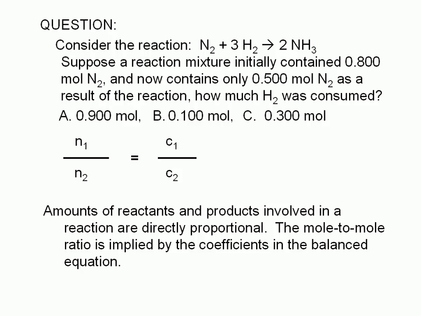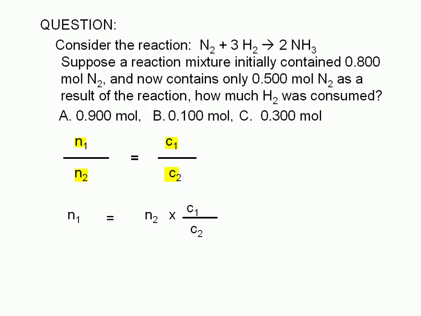If substances 1 and 2 are involved in a reaction, then the ratio of the change in moles of substance 1 to the change in moles of substance 2 is equal to the ratio of the coefficient of substance 1 in the balanced equation to the coefficient of substance 2 in the balanced equation. We can rearrange this equation to solve for moles of substance 1, and we get N1 equals N2 times C1 over C2.